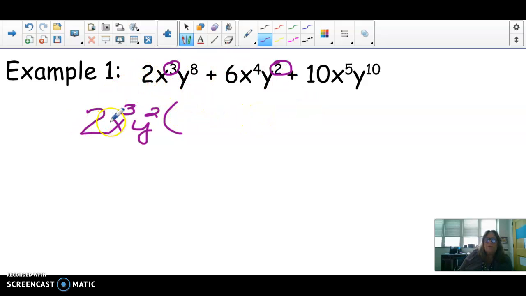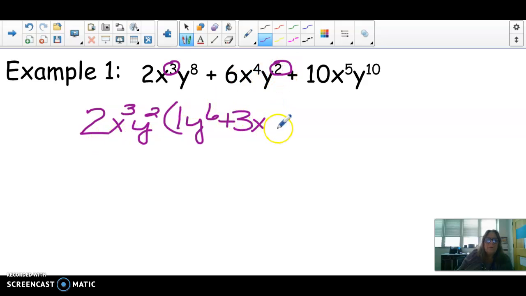Well, 2 divided by 2 gives me 1. X cubed divided by x cubed gives me 1. Y to the 8th, take away 2, I'm left with y to the 6th. You can put a 1 in front of it if you want. 6 divided by 2 gives me 3. 4 minus 3 gives me an x, and you can put a 1 there if you want, but you don't have to.